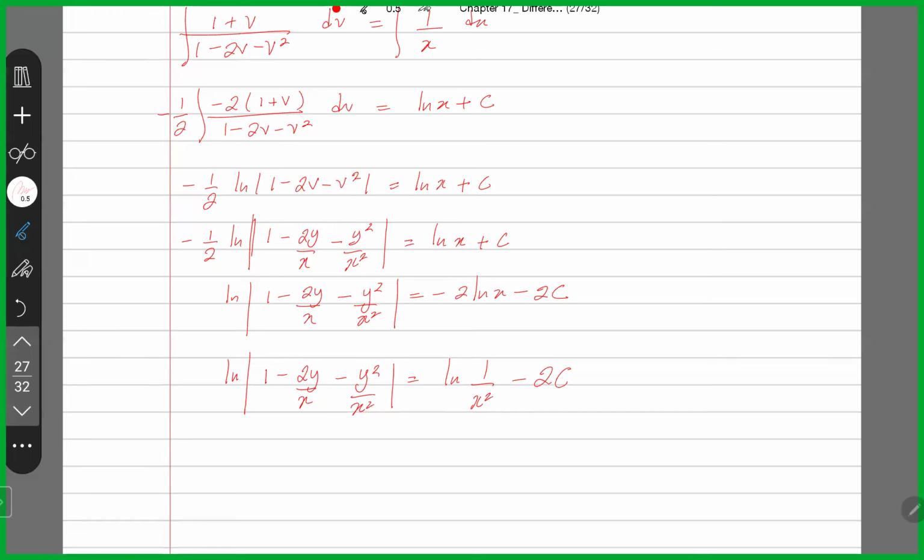These two cancel, and so we get x squared d2y by dx squared is equal to d2y by du squared minus dy by du. So that was the first part of the question.